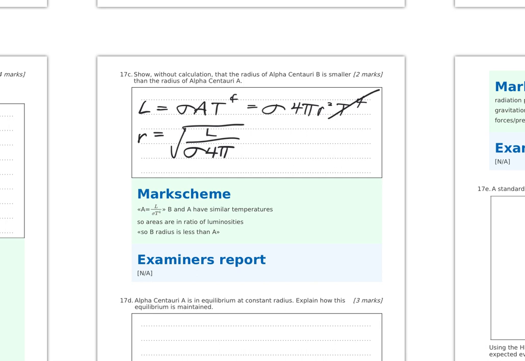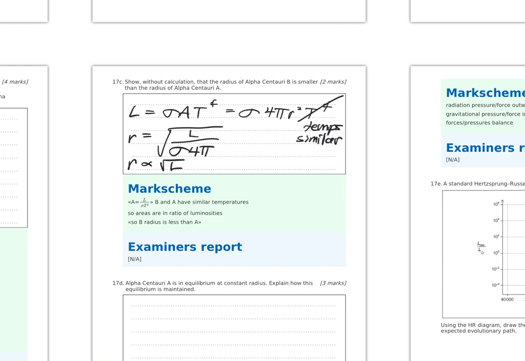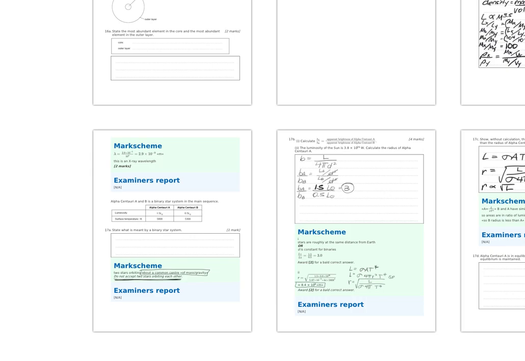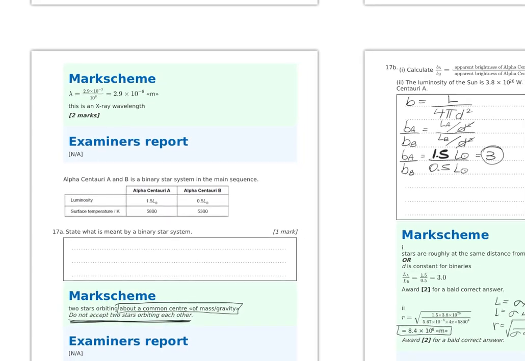So pretty much for these two stars, since their temperatures are similar, radius is proportional to the square root of the luminosity. A has a bigger luminosity than B. Luminosity of B is less than the luminosity of A, right?